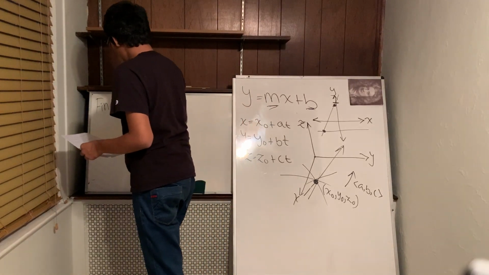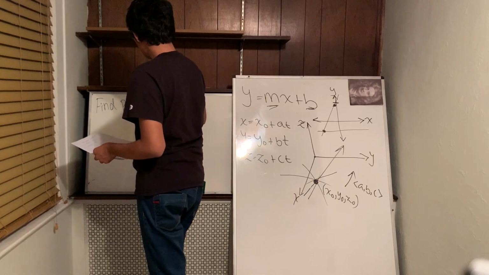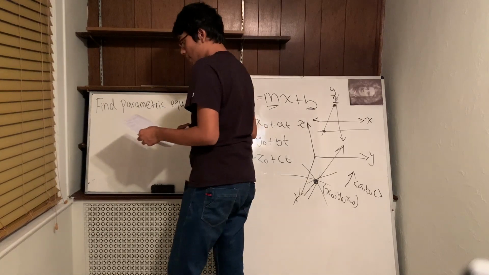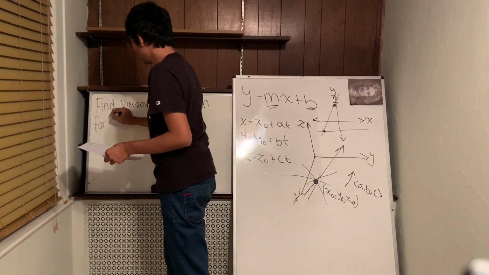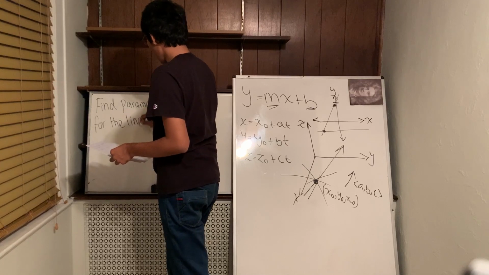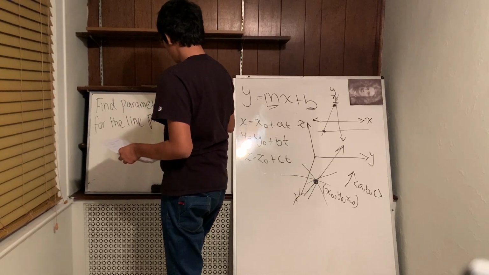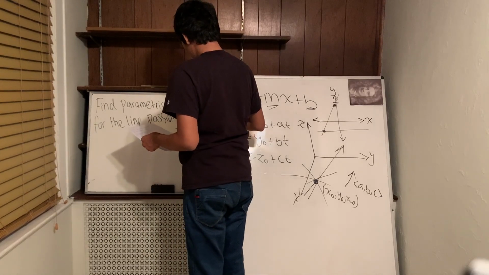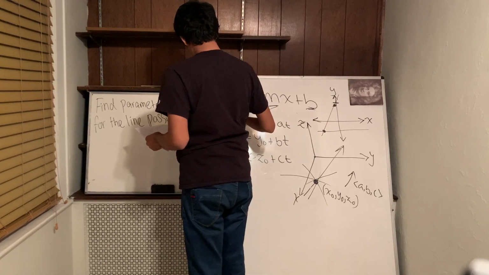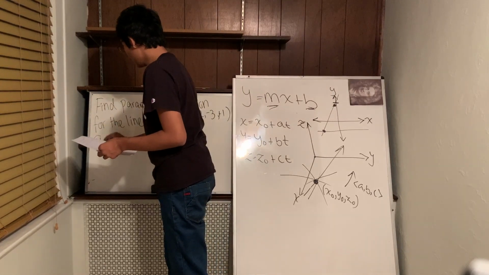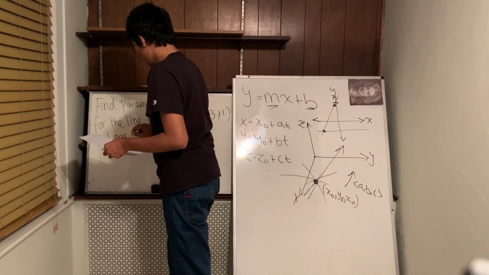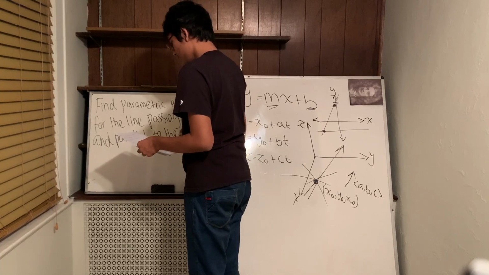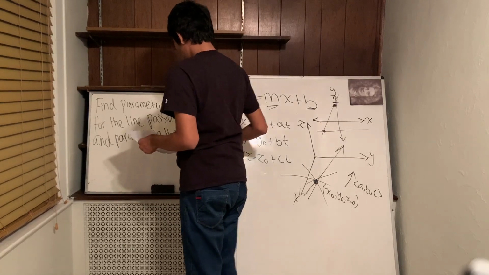So we're being asked to find the parametric equation for the line passing through the point P, positive 2, negative 3, positive 1, and parallel to the vector 1, comma 4, comma negative 3.